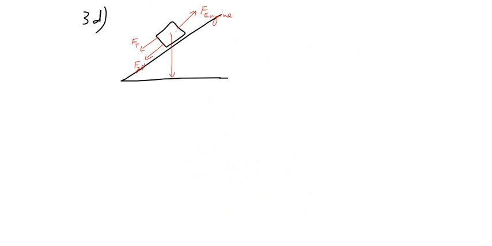Let's look at the last one of these. In D, they say now, the van's weight is 12 kilonewton. There's my weight. We know F_T is the tension between the car and the van pulling it.